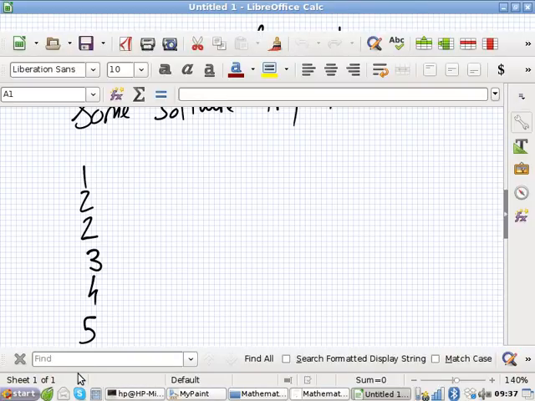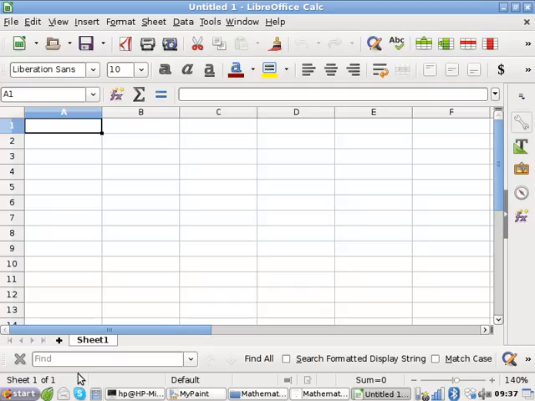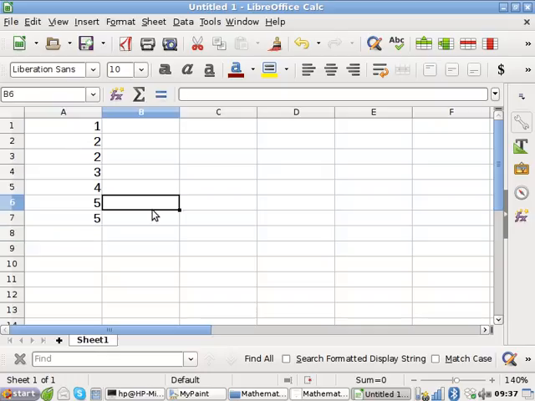But let's see what happens if we try to ask LibreOffice first what the mode is. 1, 2, 2, 3, 4, 5, 5. Okay, so LibreOffice, what do you think the mode is?